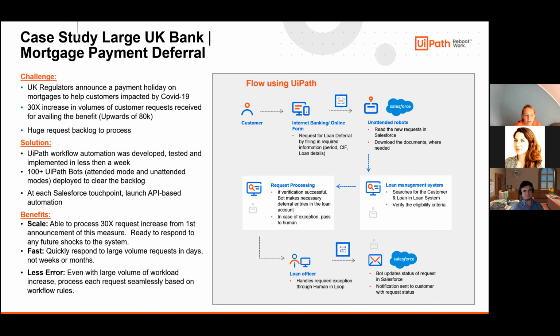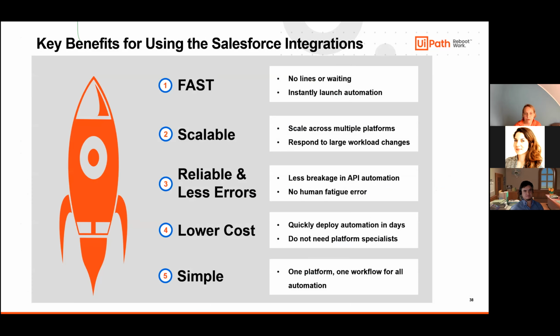So with all of that, the summary for us is that our native integrations, specifically our Salesforce integrations, are really fast. So you don't have necessary wait times, either in person or on the phone. You can instantly launch the automation.